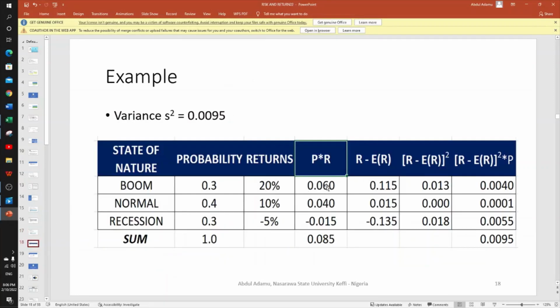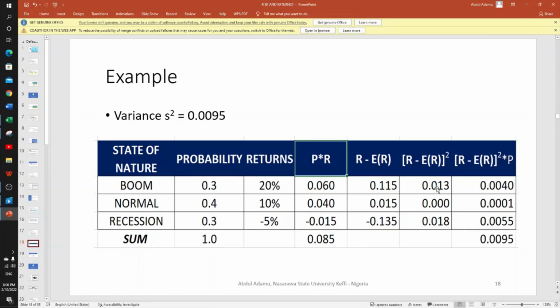So let's demonstrate it. You can see this is our expected return we computed earlier. So 0.3 minus this will give us this value. This minus this will give us this value. This minus this will give us this value. If we square each of these three, we are going to have this value.